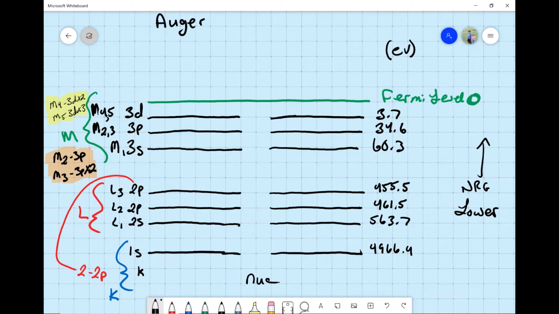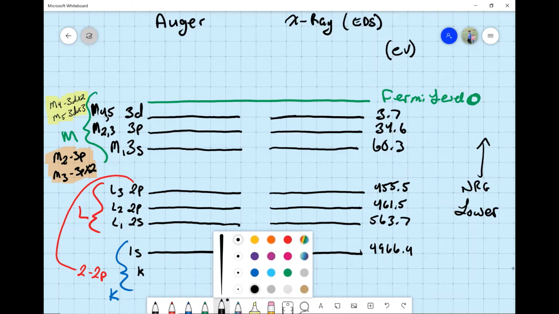Auger. So I'm going to kind of compare this to what happens with X-ray. And the X-ray, in this case, you would get from EDS. So I'm introducing it a little bit early, but we'll cover it again. But they're kind of similar processes. They're both spectroscopy techniques. So I felt that it bore some comparison, so to speak.